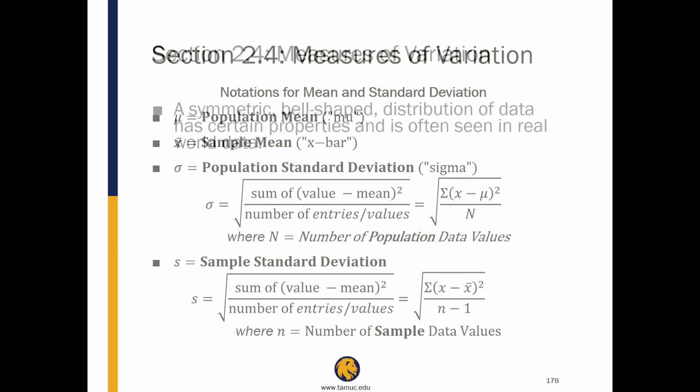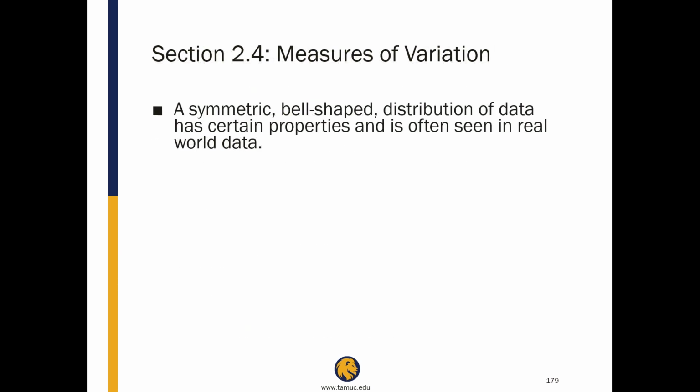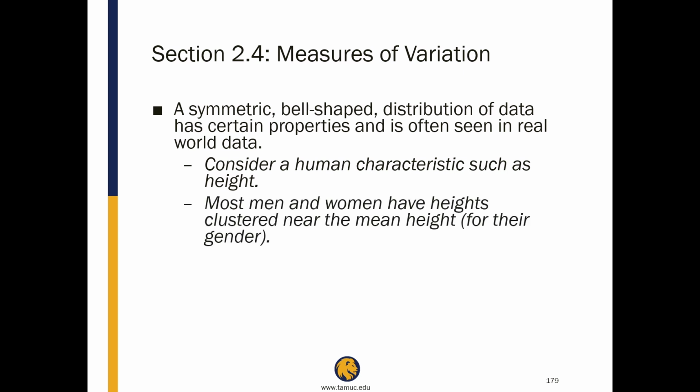When talking about distributions, there's one in particular that we're going to spend time on, and it's a symmetric bell-shaped distribution of data, and it has certain properties and we often see it in the real world. For instance, consider a human characteristic such as height. Most men and women have heights clustered near the mean height for their gender.